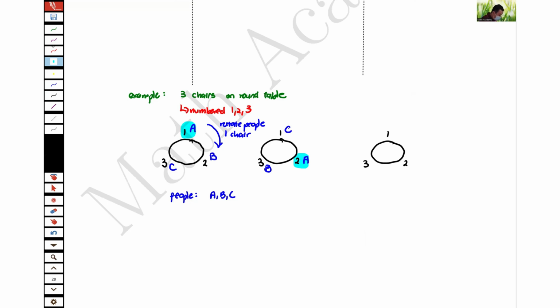So we just do one last rotation for you to see. I rotate one more time, A, B, C. All of them are different cases after that rotation of 1 chair. So what this means for us is, if I have 3 chairs on a round table, you are basically going to have 3 ways of rotating the people.